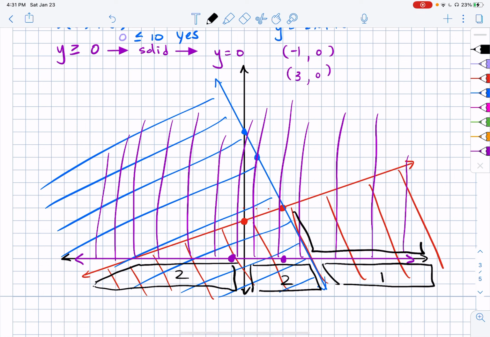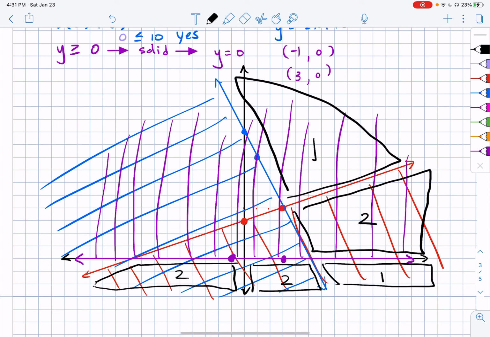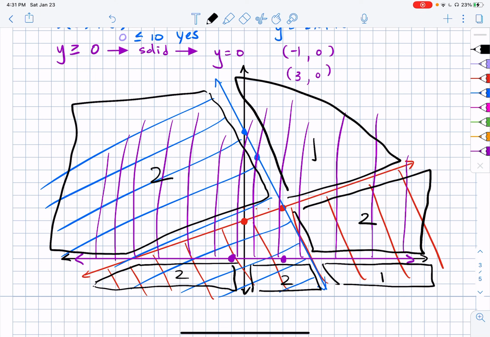This right here is only shaded twice. This right here is only shaded once. This right here is only shaded twice. This right here is shaded none.